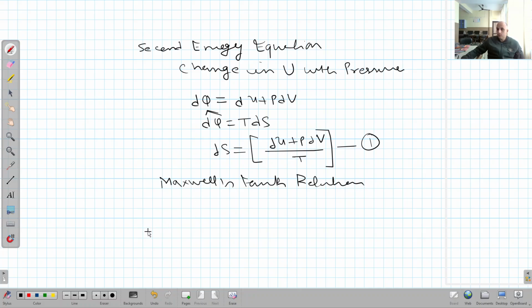We know Maxwell's fourth relation: (∂S/∂P) at constant T is equal to minus (∂V/∂T) at constant P. Clear?